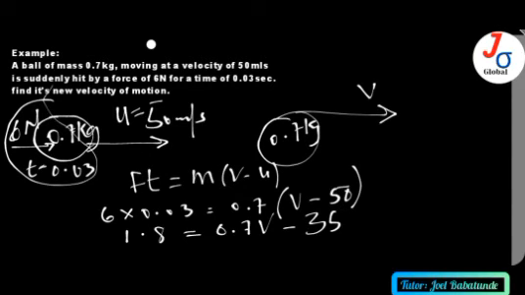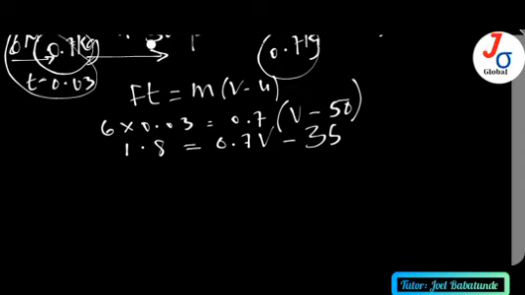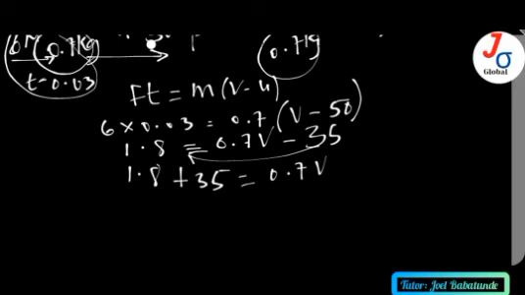Then 1.8 equals 0.7v minus 35, and I'm going to bring this down here, so it becomes positive 35. 1.8 plus 35 is actually 36.8 equals 0.7v.